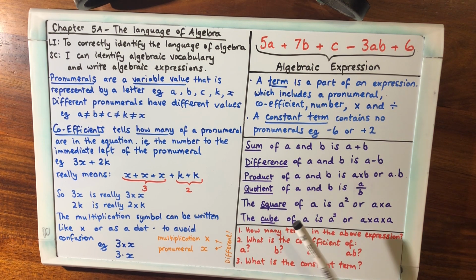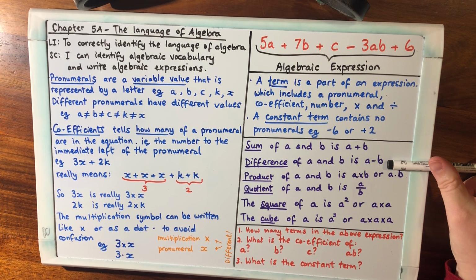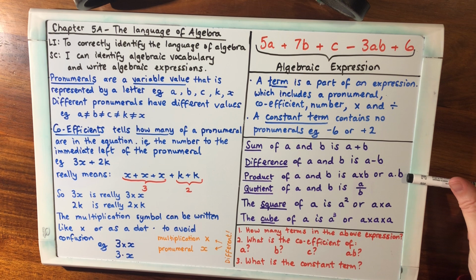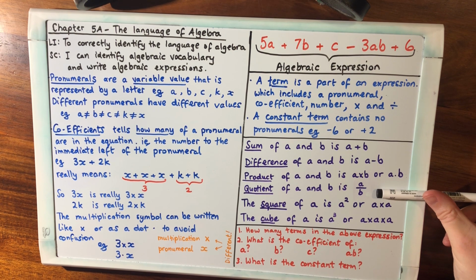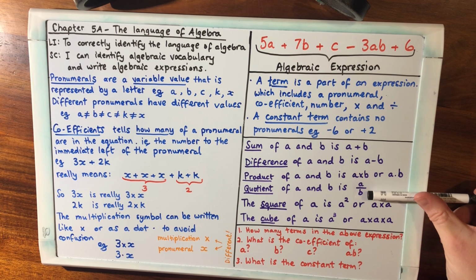So the difference of a and b is a minus b. Product means multiplication. The product of a and b is a times b, or a dot b, just like these examples here. The quotient of a and b is a divided by b. So the quotient means it's a division.